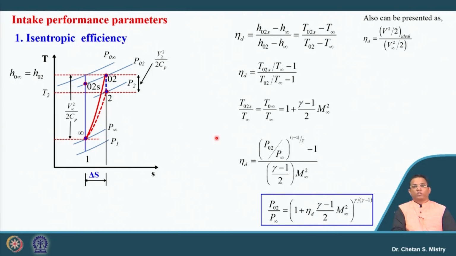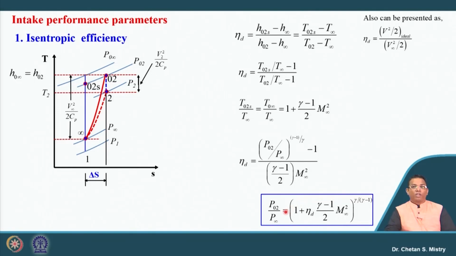Since this course is not designed to start from that fundamental, I am straight away putting this equation here. Now we can write it in terms of the pressure ratio. So my P02 by P infinity is the power gamma over gamma minus 1, and this temperature we represent in terms of gamma minus 1 by 2 into M infinity square.